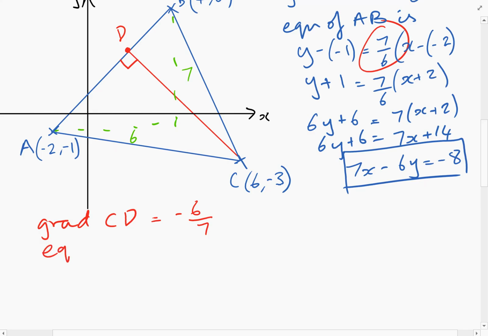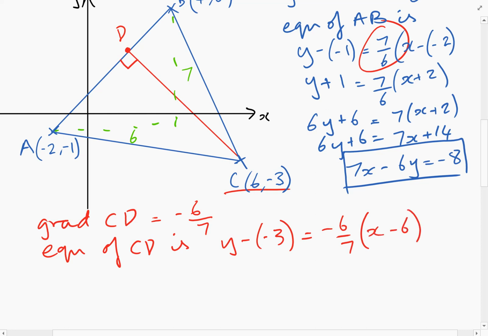And so the equation of CD, again, use y minus y1 equals m(x minus x1), and I'll use the point at C because I don't know what D is. So y minus minus 3 equals minus 6 over 7 (x minus 6). So that's y plus 3 equals minus 6 over 7 (x minus 6).